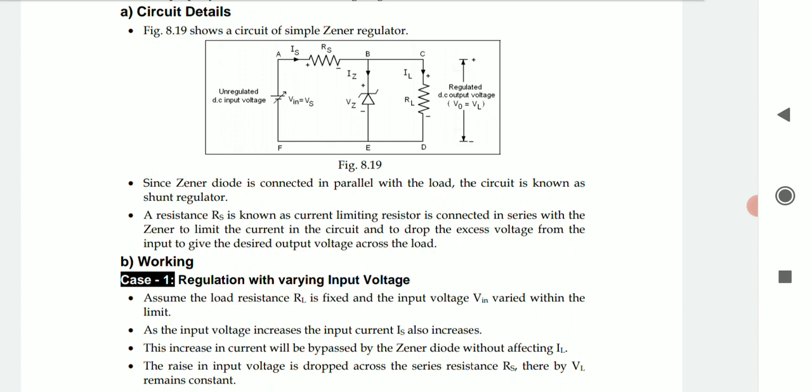The resistance RS, known as the current limiting resistor, is connected in series with the Zener to limit the current in the circuit and to drop the excess voltage from the input to give the desired output voltage across the load. The function of RS is that if any high current is coming into the Zener, it will stop it and allow only the amount of current which is required by the Zener diode.